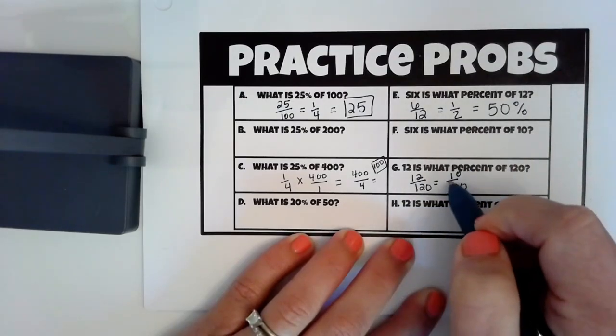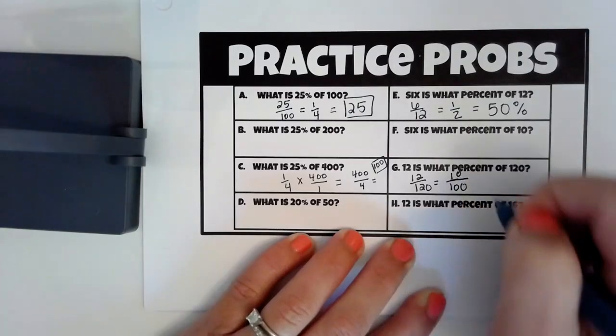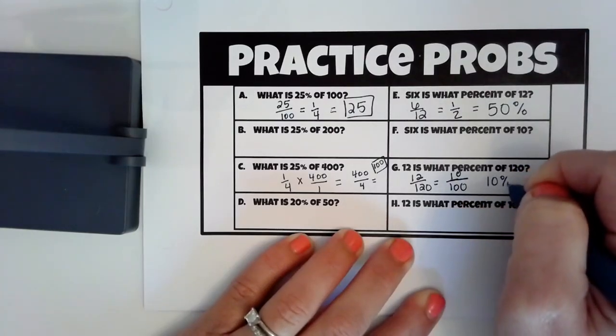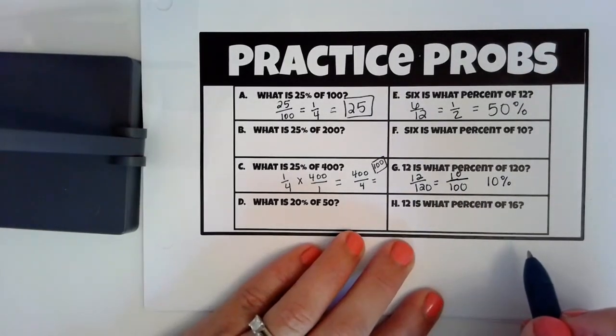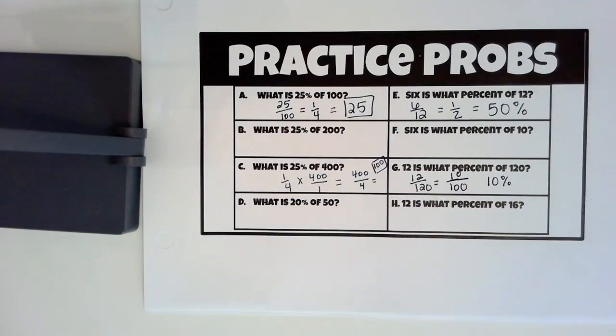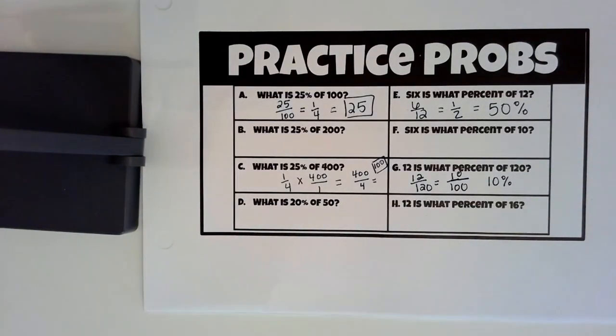That gives us 10/100ths, or what? 10%. So 12 is 10% of 120. Okay, go ahead and do D and H.